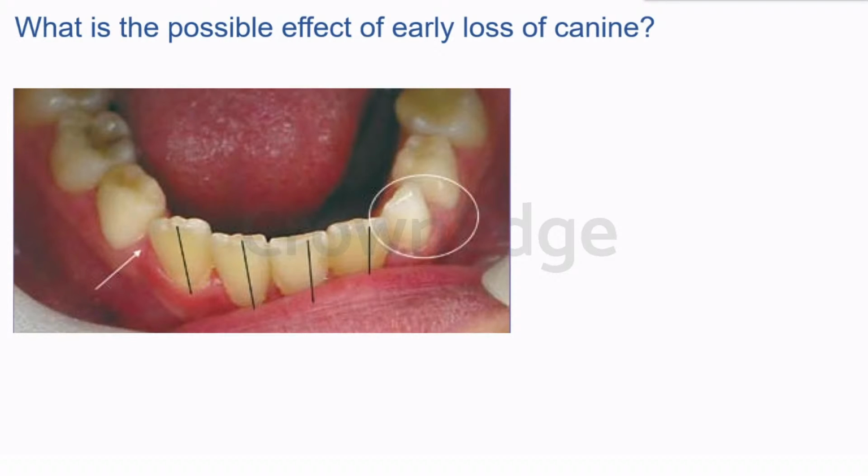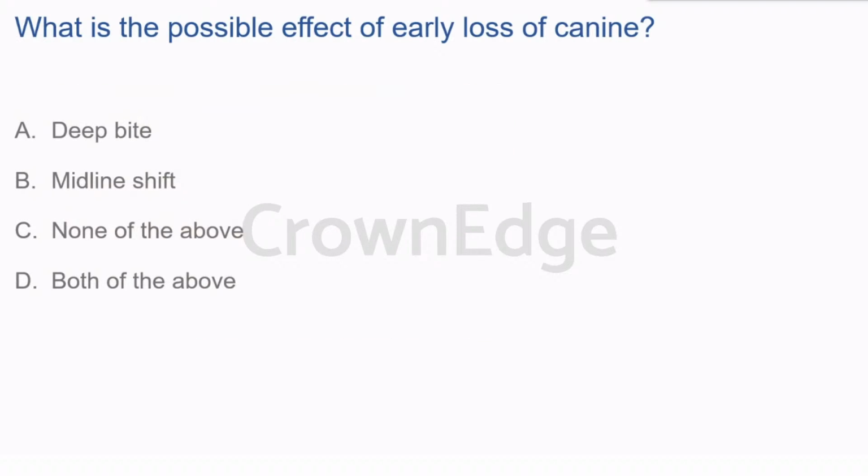Okay, so let us see our question here. What is the possible effect of early loss of canine? The options given to us are: option A, deep bite; option B, midline shift; option C, none of the above; option D, both of the above. So what will be the right answer for us? Like I told you, early loss of canine can lead to three major things.